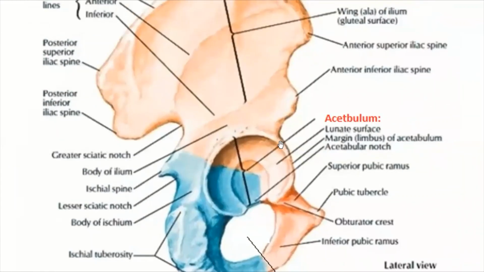All right, you could see this. This is the margin, also called the limbus. This is also called the rim of the acetabulum. And you could see this is the acetabular notch. I showed you already that this is bridged by the transverse acetabular ligament, the acetabular notch.